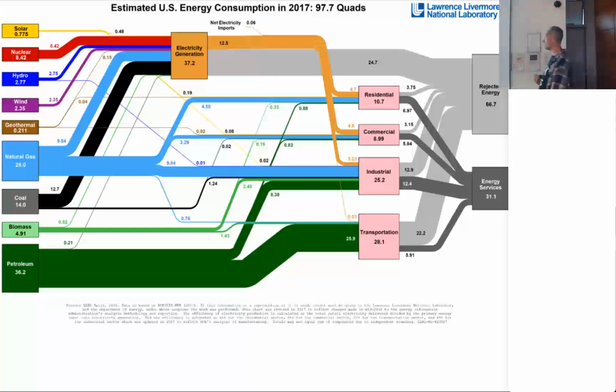Same if you're burning coal for making electricity. And actually, in thermal power generation, about 3 times as much energy goes in as comes out. So that is essentially a waste, right?